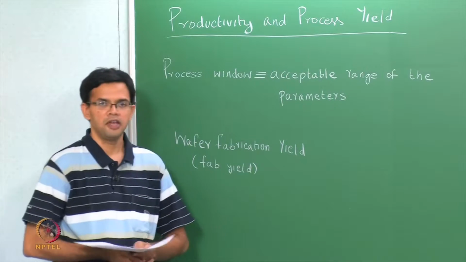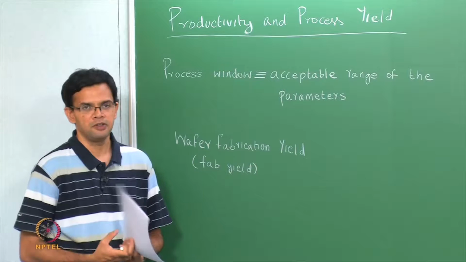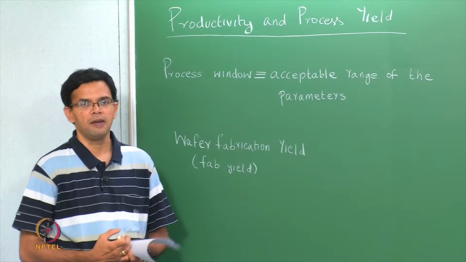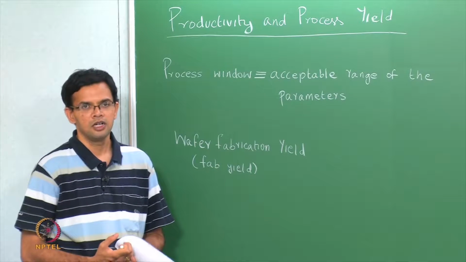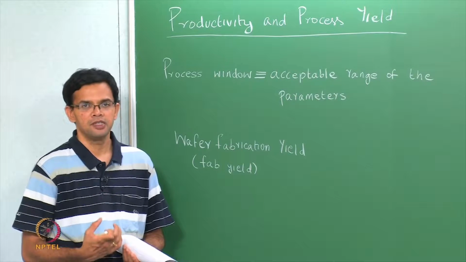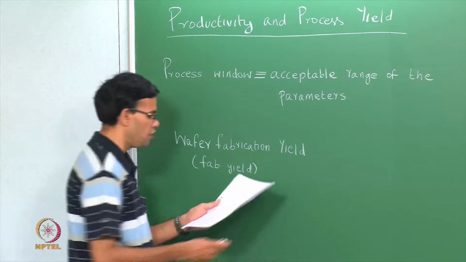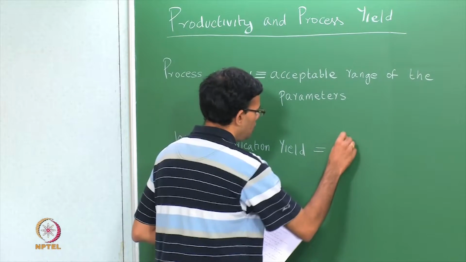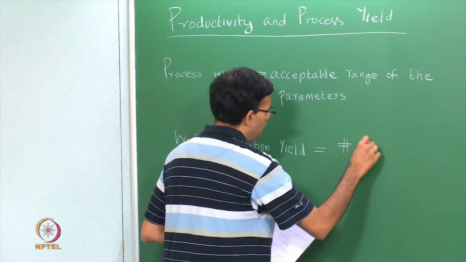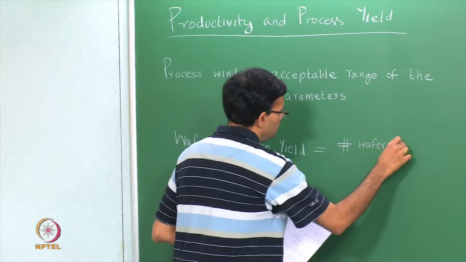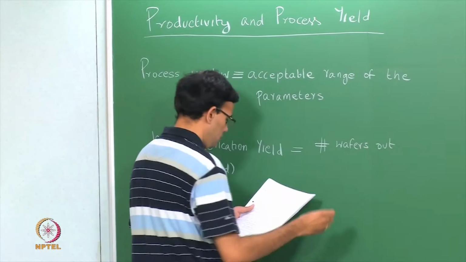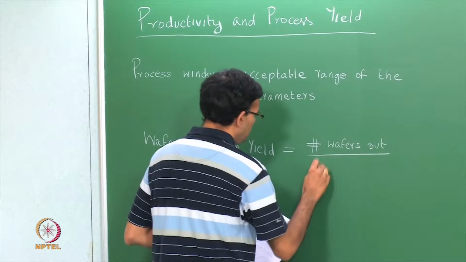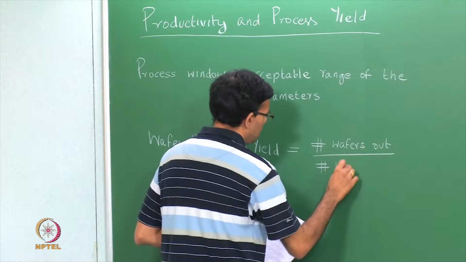So, this is the ratio of the number of wafers that come out of the fab after processing to the number of blank wafers that start at the beginning of the fab process. So, this is the number of wafers out divided by the number of wafers that are started.